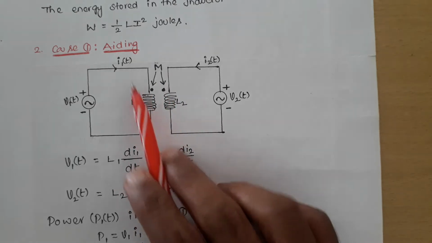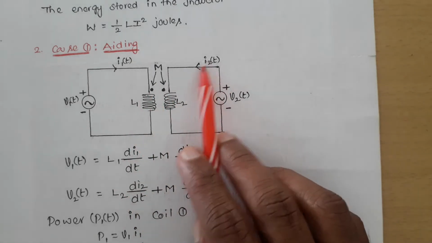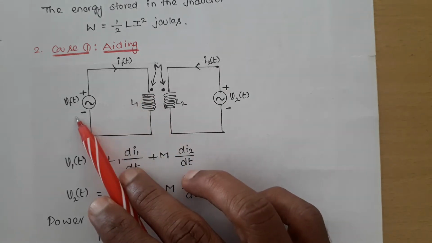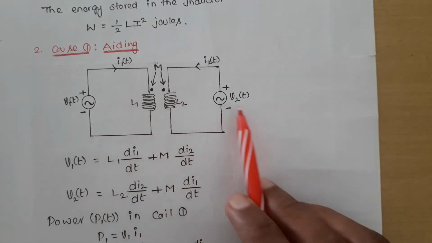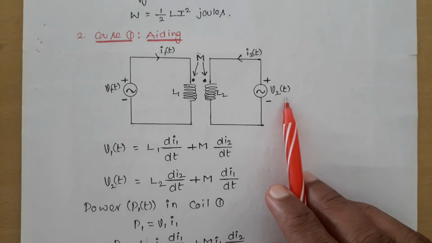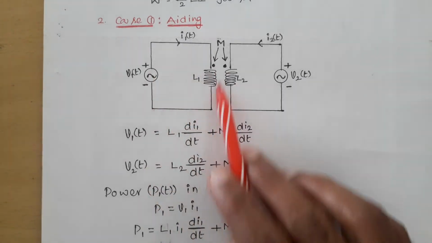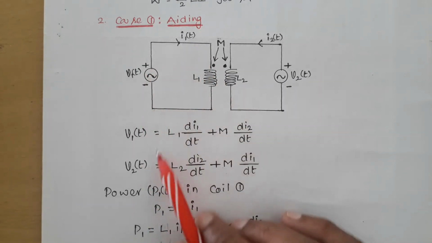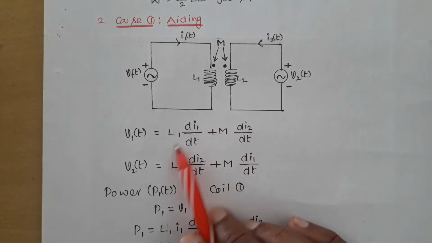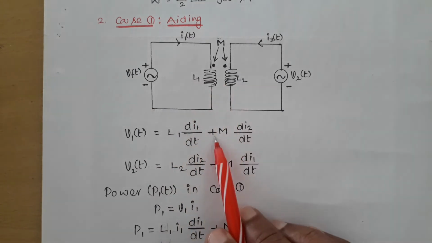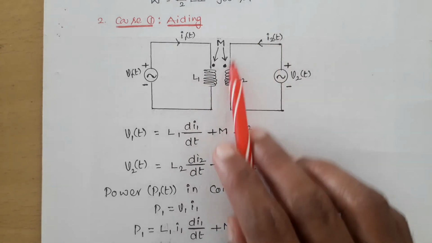Current in coil 1 is i1(t), current in coil 2 is i2(t). Coil 1 is connected to voltage source v1(t) and coil 2 is connected to voltage source v2(t). So v1(t) can be written as L1 di1/dt plus M di2/dt, because current is entering at the dot in both the coils.